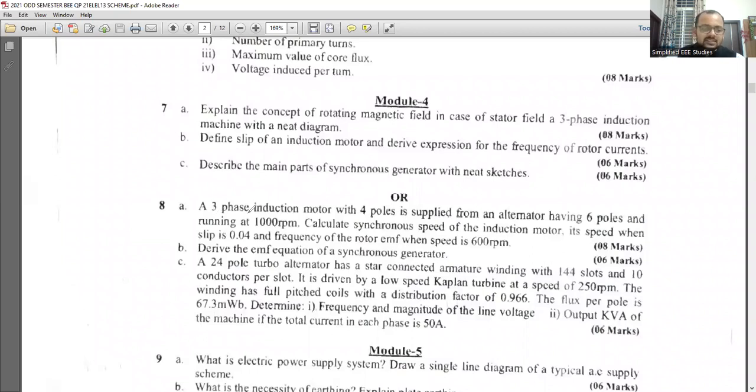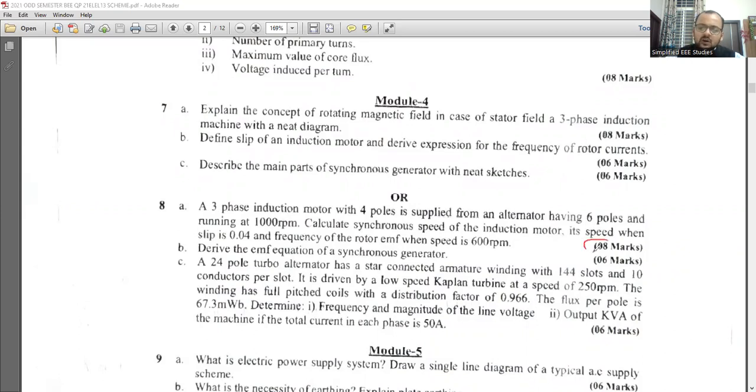So let's discuss question number 8. As you can see, a 3-phase induction motor has 4 poles, and is supplied from an alternator having 6 poles and running at 1000 rpm. Calculate the synchronous speed of the induction motor, its speed when the slip is 0.004, and the frequency of rotor EMF when the speed is 600 rpm.